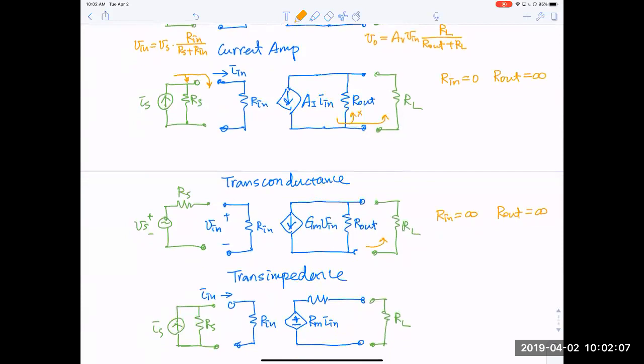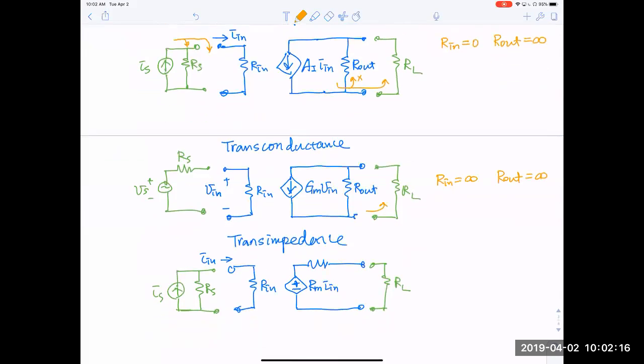You don't really need to memorize this. You just draw the equivalent circuit and see where the current or voltage goes, and you can derive these very easily. So for the transimpedance amplifier here, Rin should ideally be 0, so that all current will flow through here.